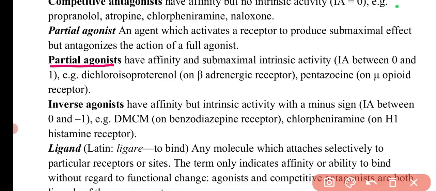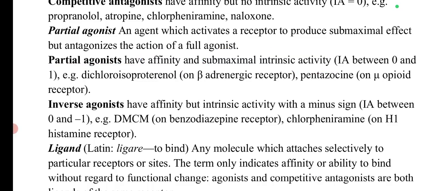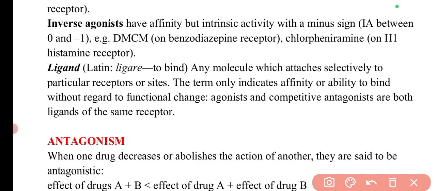Then regarding the affinity and intrinsic activity, partial agonists have the affinity, they do not have complete intrinsic activity, but they have submaximal intrinsic activity, which is basically between 0 and 1. Then talking about inverse agonist, regarding the affinity and intrinsic activity part, these have the affinity but intrinsic activity with a minus sign. Means with a minus sign they will produce the opposite effect, as we have seen in the definition itself.